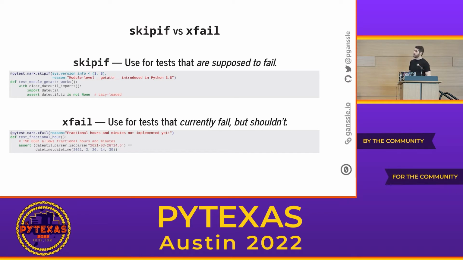People don't even know that it's possible. So when I was writing this parser, I didn't get around to adding this, but the parser is supposed to parse all the valid formats. So it's a low priority bug, but I can write a test for it, and if I mark it as xfail, it's still going to run every time, and it's just going to say, yep, you're still a bad maintainer because you did this wrong.